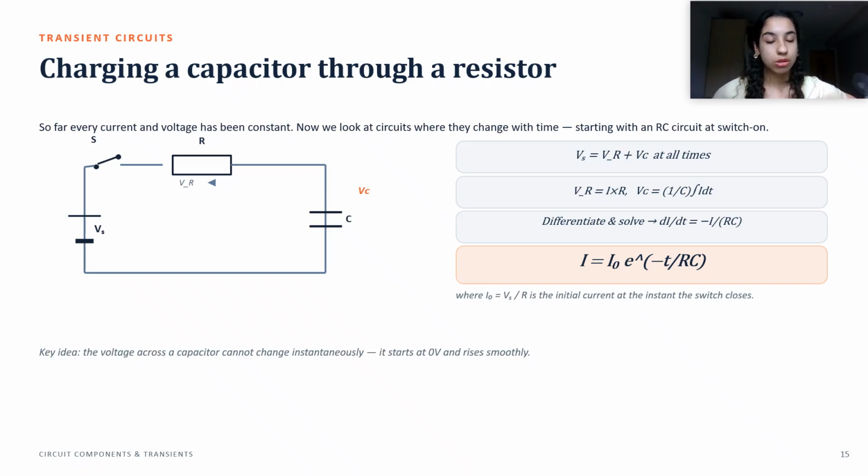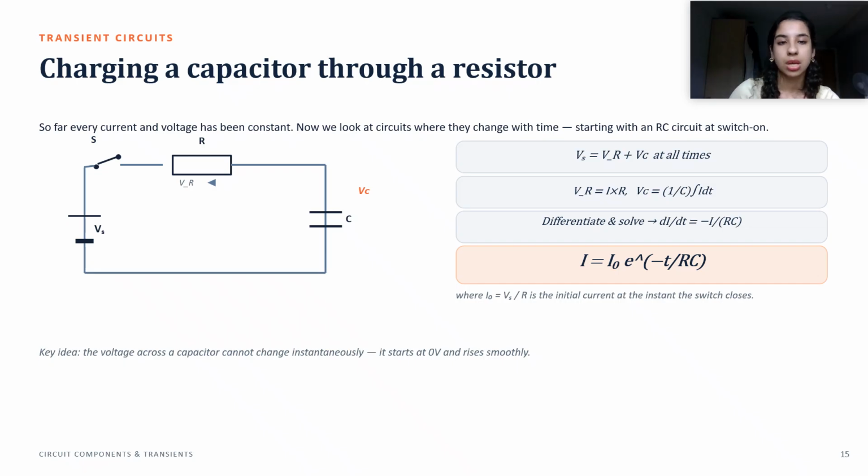So we are going to start with the RC circuit. An RC circuit is a resistor with a capacitor. As you see here in the picture, we have VS, the voltage of the source.